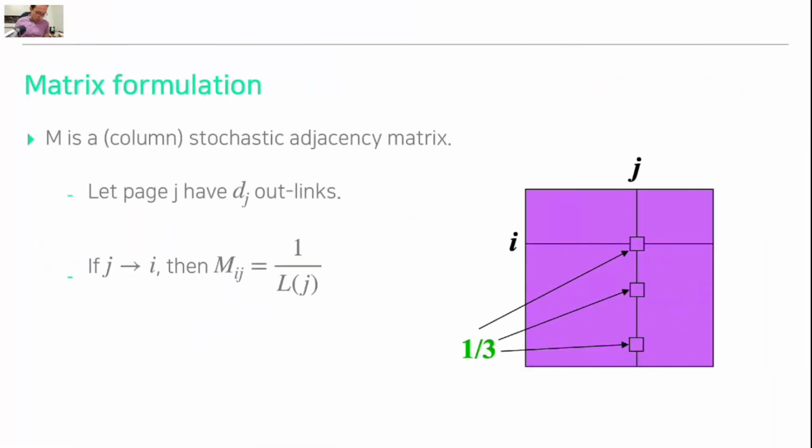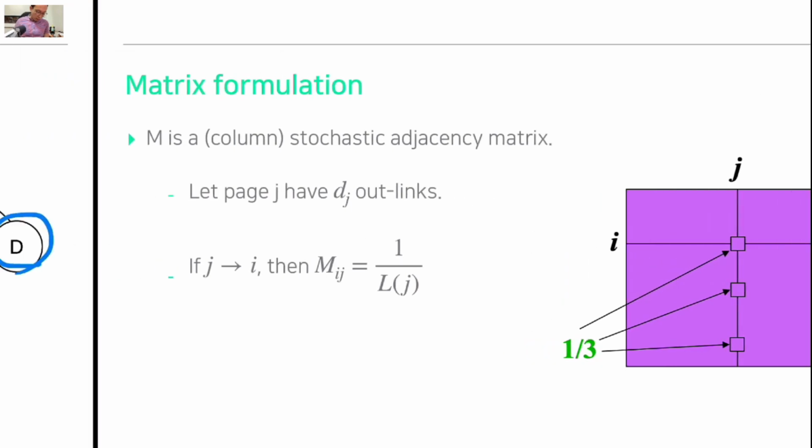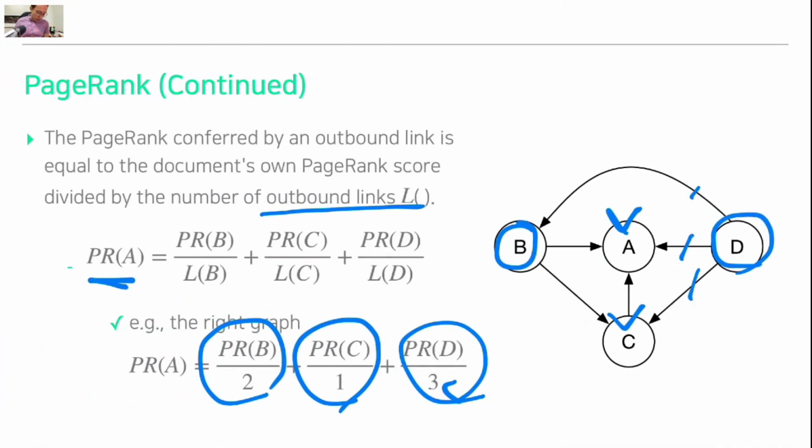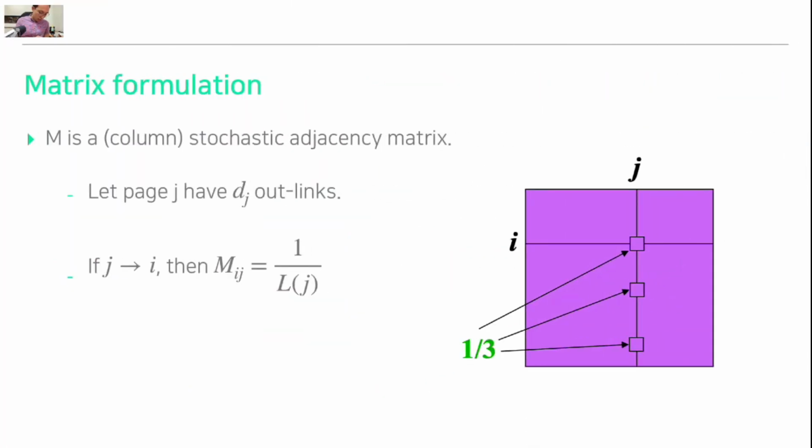So we can formulate this computation using a matrix. We have many benefits when we formulate the computation using the matrix. So we introduce new terminology, M. M is a column stochastic adjacency matrix.